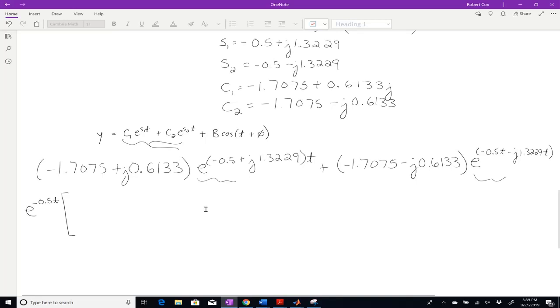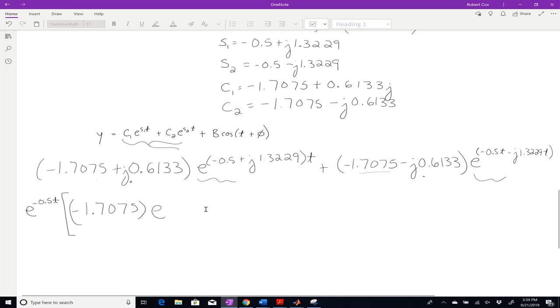So I'm going to take the terms that don't have the j in them, in other words, not this term and not this term. I'm going to group those together. So I got negative 1.7075. And then it looks like I have one term with this exponential.